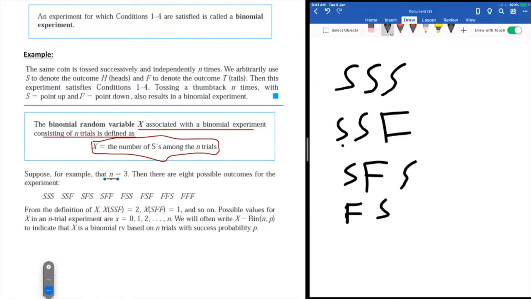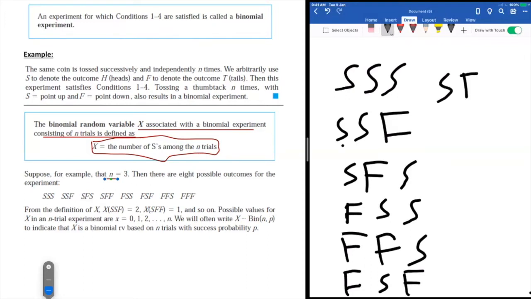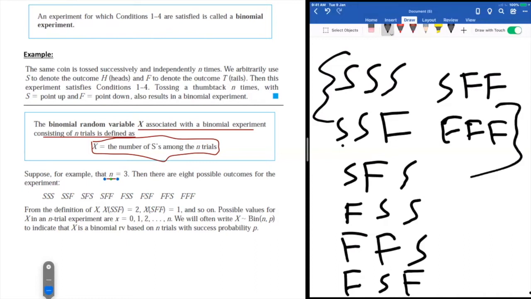Failure, success, success. Then failure, failure, success; failure, success, failure; success, failure, failure. And the last one, failure, failure, failure. So there are 8 possibilities. This is the sample space.